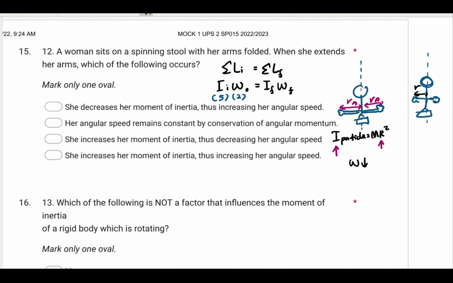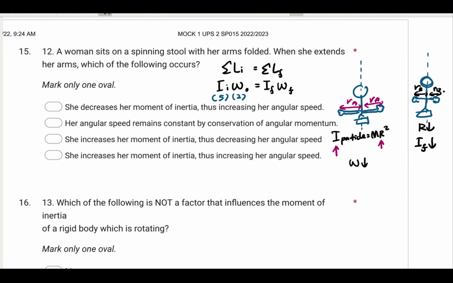Obviously, the distance r should be smaller, so when r is decreasing, the final moment of inertia will decrease. Initially the moment of inertia is 5, times 2, that is 10. So the total final angular momentum must also be 10.